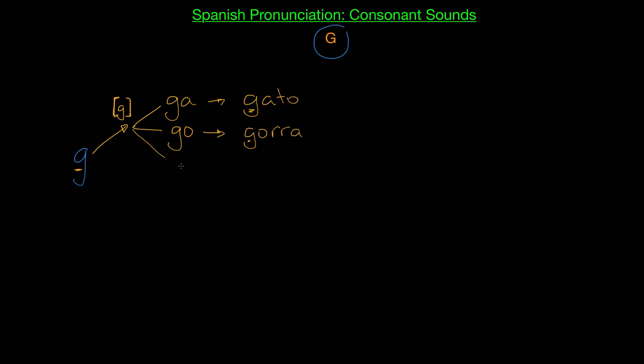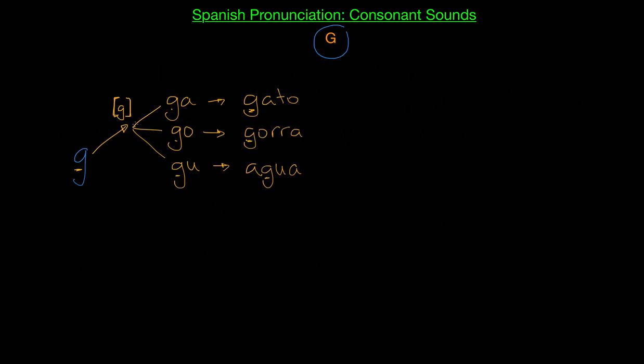Another case is in front of u, as in agua. So this is ga as in gato, go as in gorra, and gu as in agua.